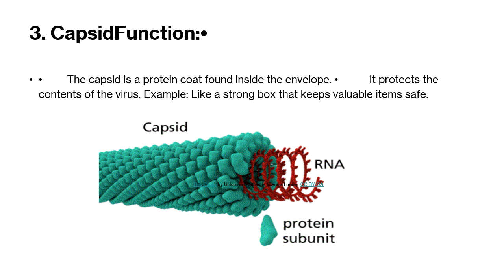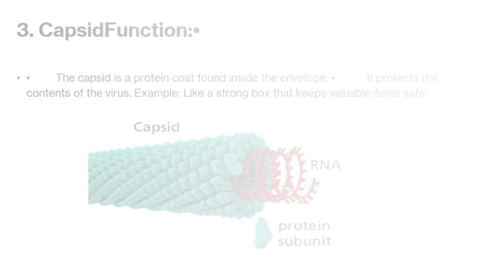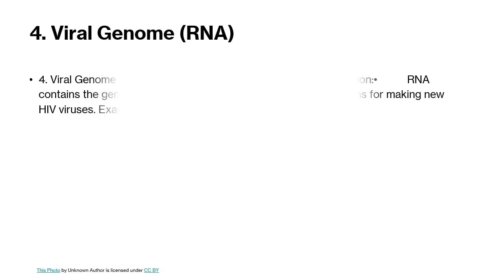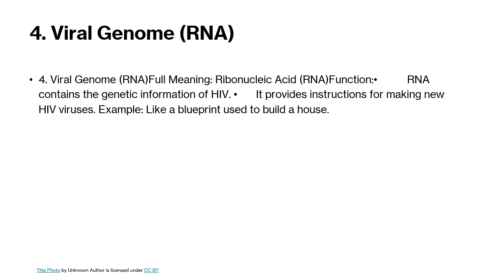And then I'm also going to talk of the viral genome. That's the RNA, in full called ribonucleic acid, and its function is that it contains the genetic information of HIV. It therefore provides instructions for making new HIV viruses.